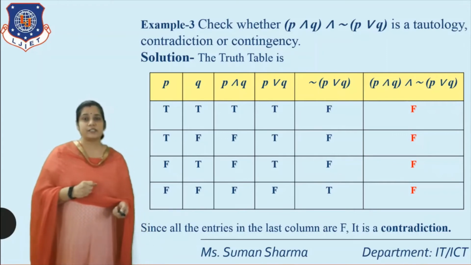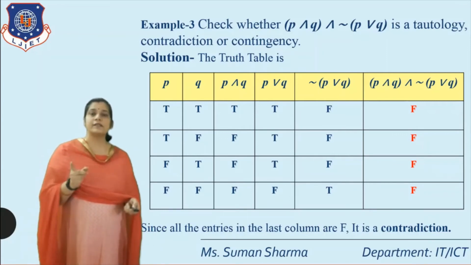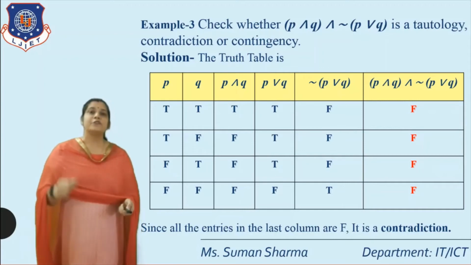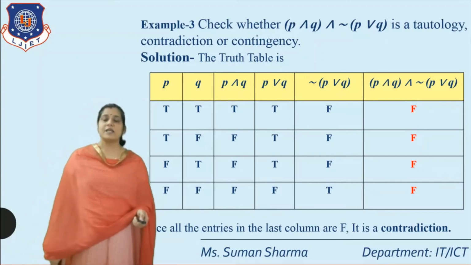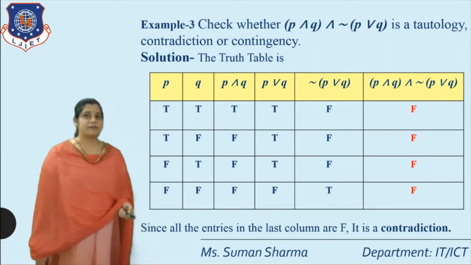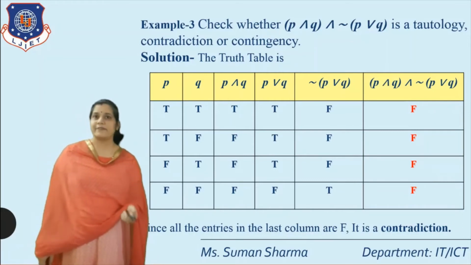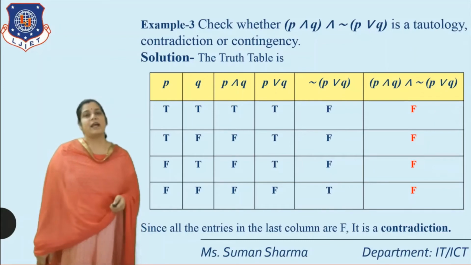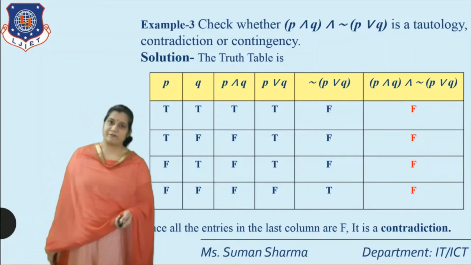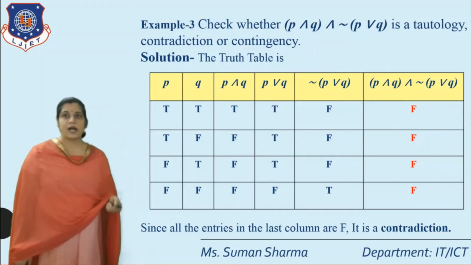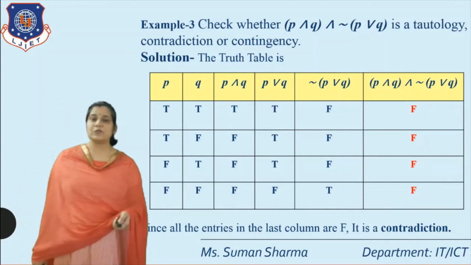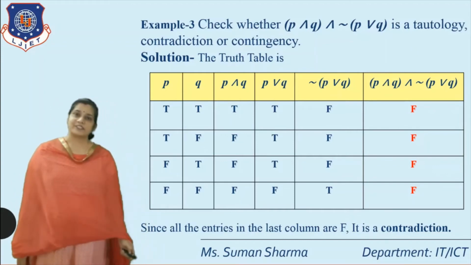According to the third and fifth columns, T, F is obviously F, F, F is F, F, F is F, and F, T is F. Since all the entries in the last column are false, it is a contradiction.